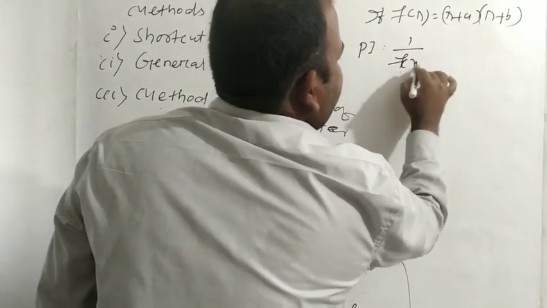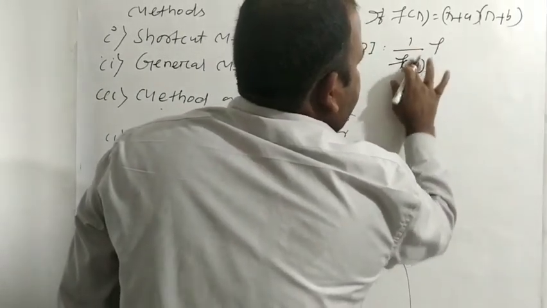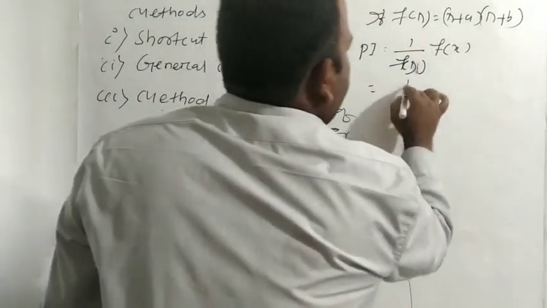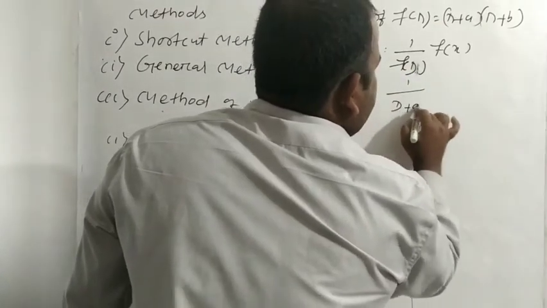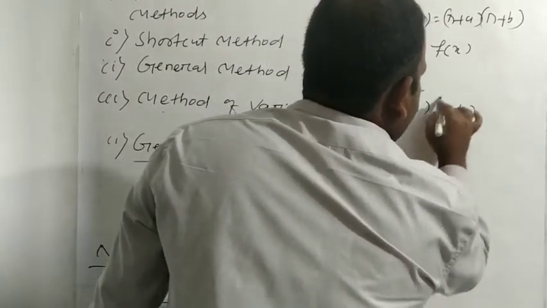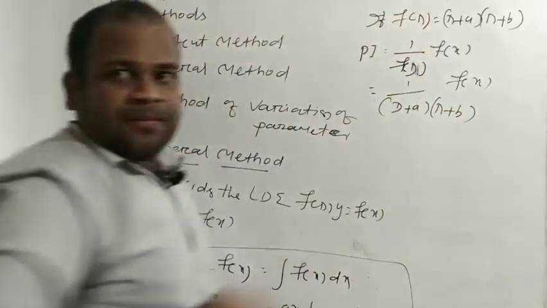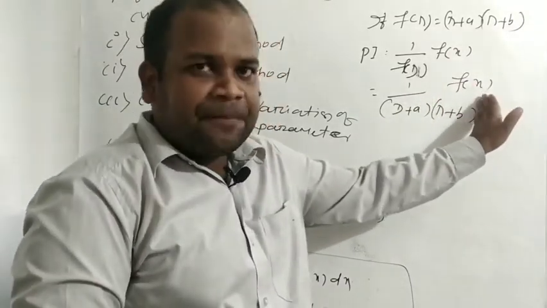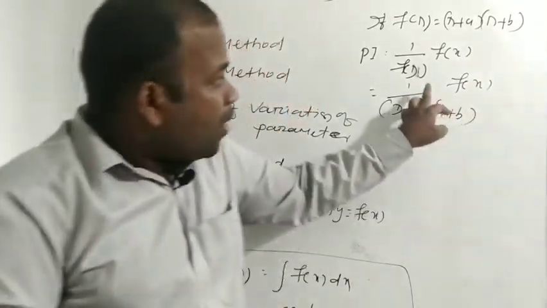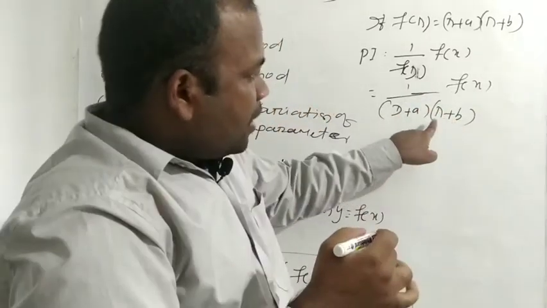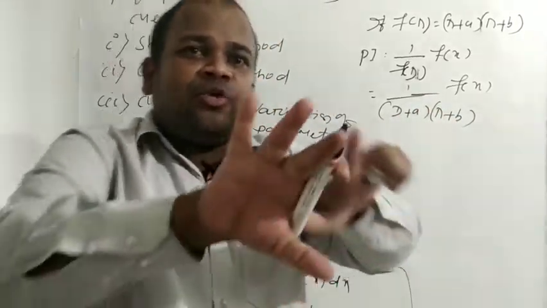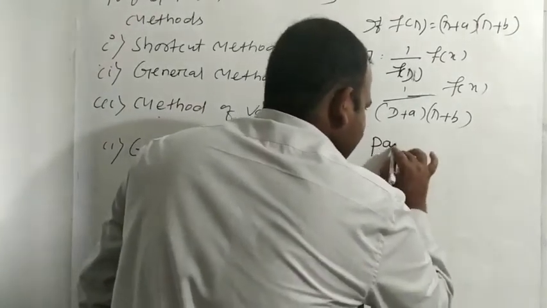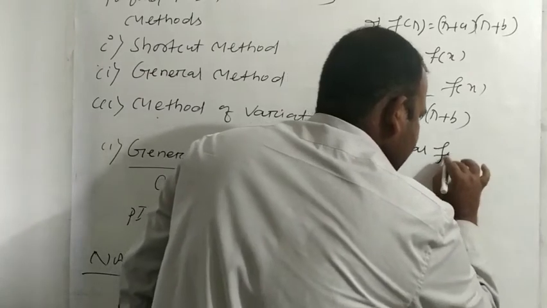PI = 1/f(D) f(x), which is 1/((D + a)(D + b)) f(x). You can solve it as 1/(D + a) and 1/(D + b) acting on f(x), or 1/((D + a)(D + b)) you will split into two parts by using partial fractions.